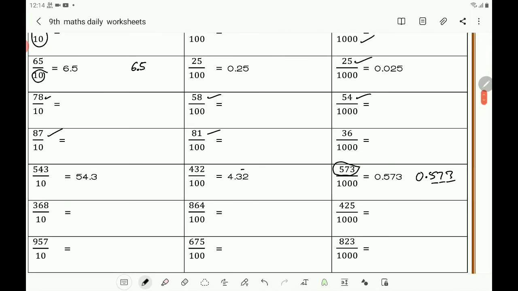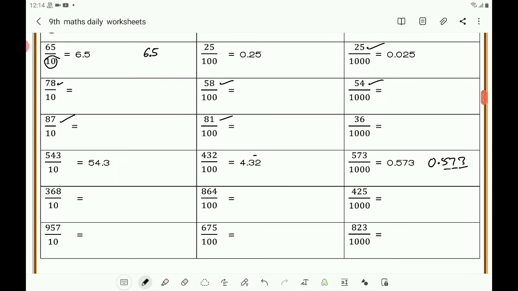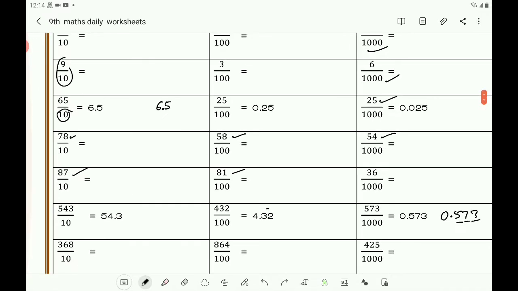Similarly, this is 0.425, 0.823. So after the decimal point there will be 3 digits if 3 zeros are there in front of 1. Here this is 1 and zeros, 1000, 10,000, like this way. Then you can put the decimal point easily.